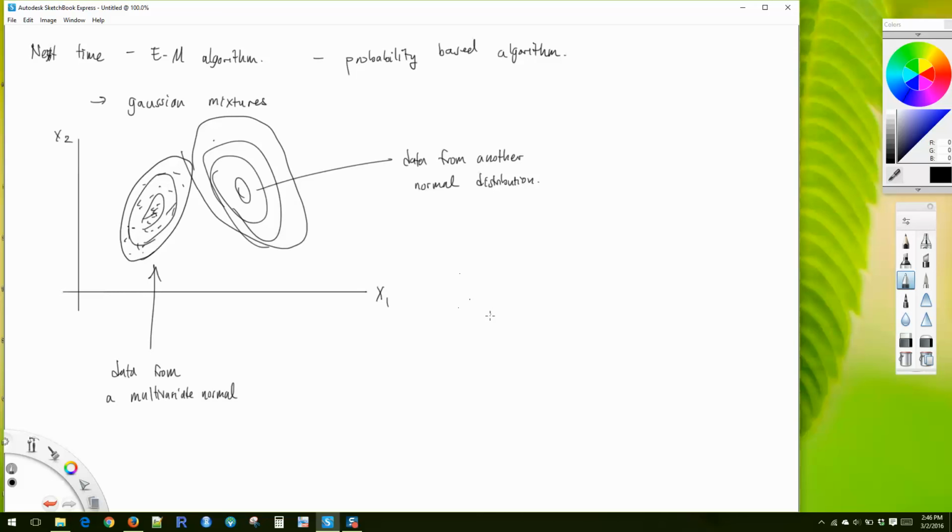Can we successfully cluster our data? All we're doing is we will assume our data comes from a mixture of normal distributions.